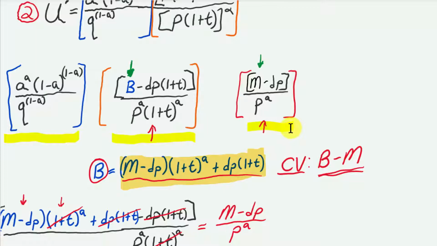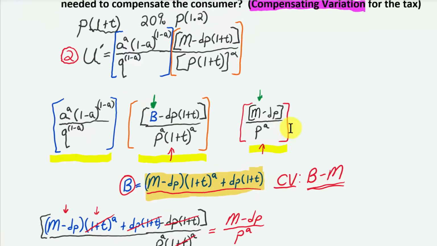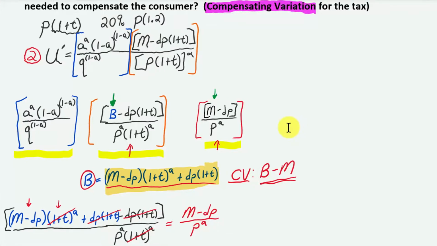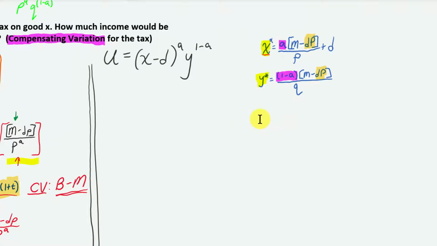So let's do a numeric example so we can see how this tax is going to affect the person and then how this new budget, how this compensating variation would undo the effects of the tax and give the person the same utility.